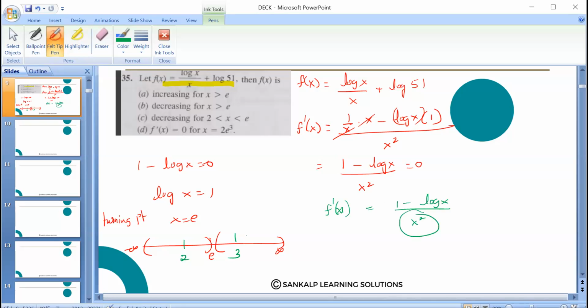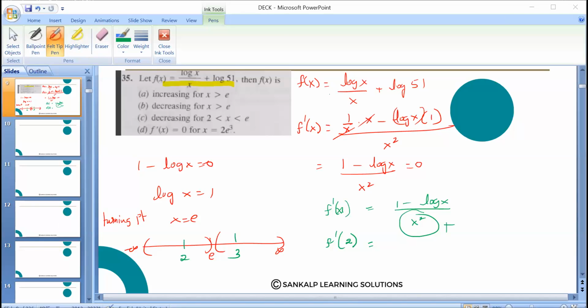f dash x is 1 minus log x by x squared. x squared is anyhow positive. When you put 2, f dash of 2, you have to find log of 2, which will be less than 1.